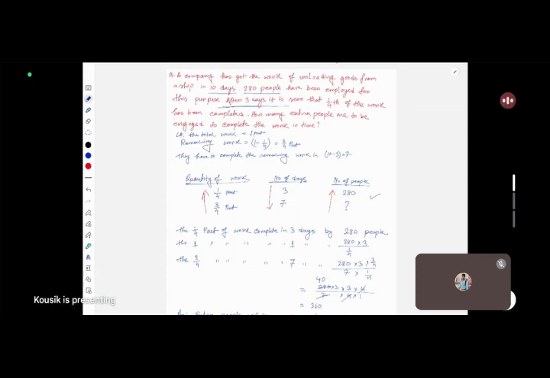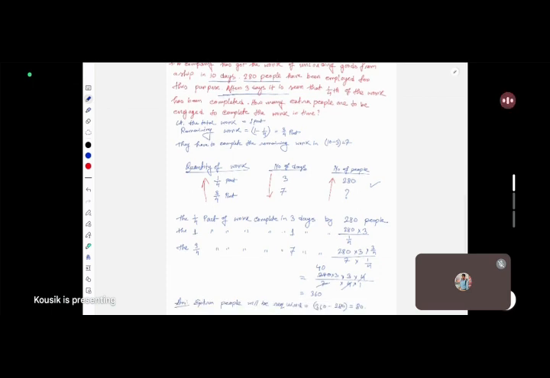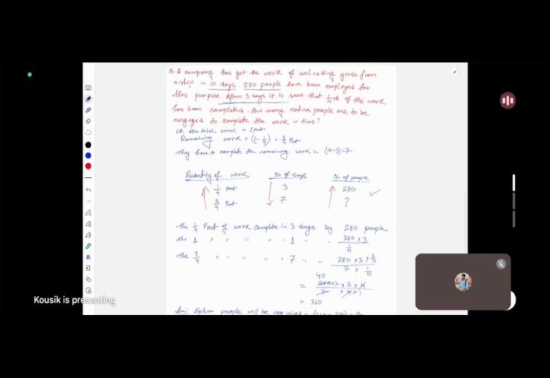If you have problem, I will share the answer in the solution sheet after some days, most probably next week. Okay, you should try that. This is a little bit difficult question, but it is important for the exam.